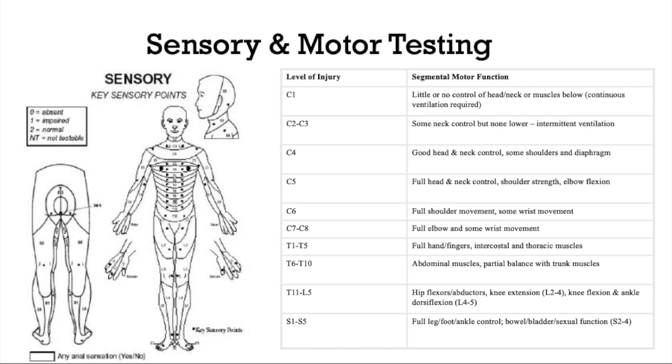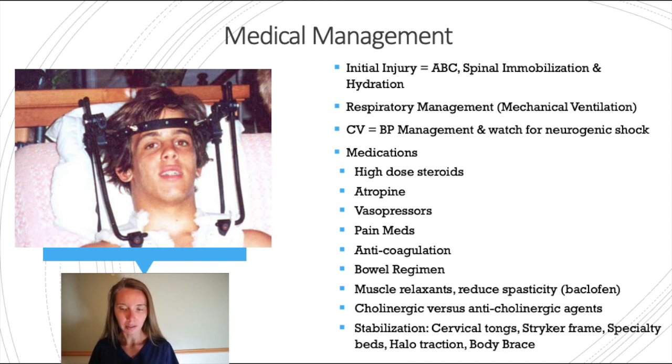So how do we manage an acute spinal cord injury? Just like the traumatic brain injury, we want to pay attention to our ABCs: airway, breathing, circulation. Immobilize that spine, immobilize the spinal cord, and fluid volume resuscitate them. They may need to be mechanically ventilated. They may need to be on vasopressors to manage their blood pressure. We'll talk a little bit more about neurogenic shock and what to look for there.